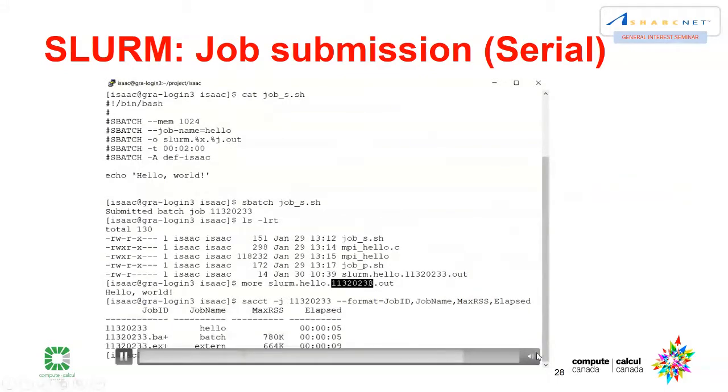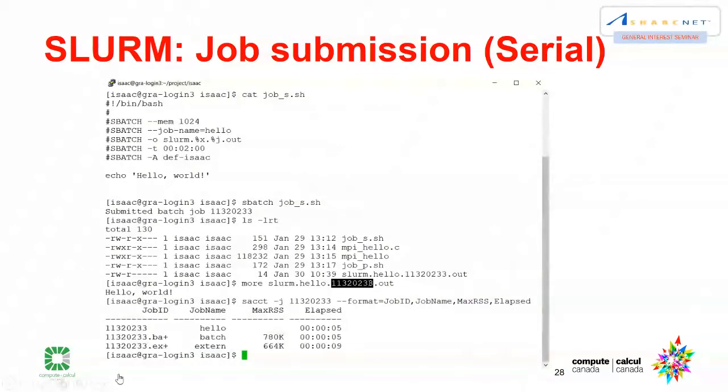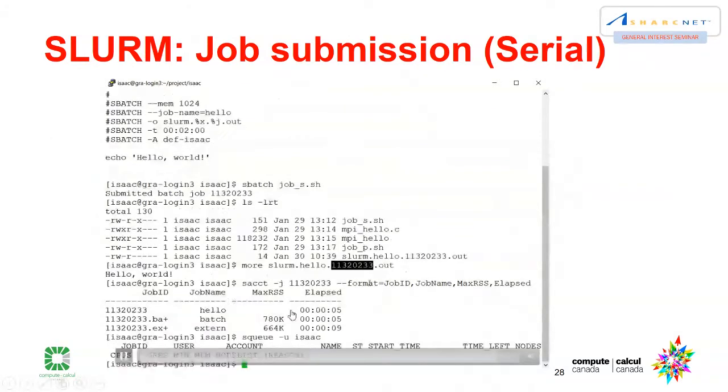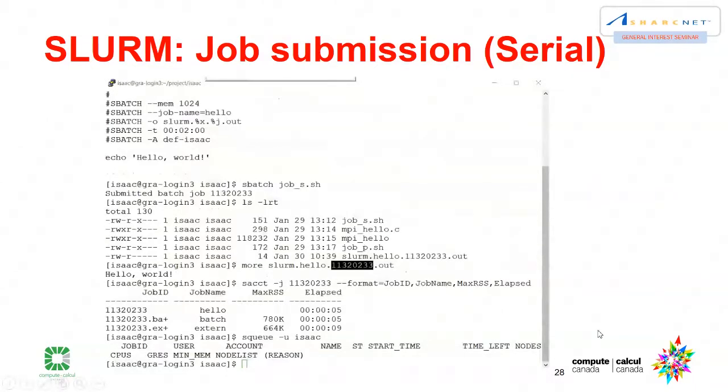As you see here, the job named hello actually ran pretty well with the memory and everything. Since the job completed, when I check my user ID with squeue -u Isaac, it doesn't show me any job because it's already done.